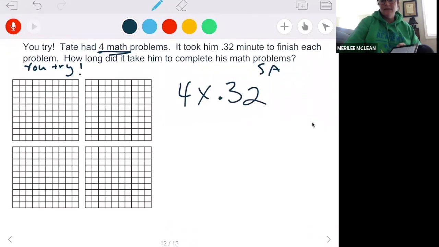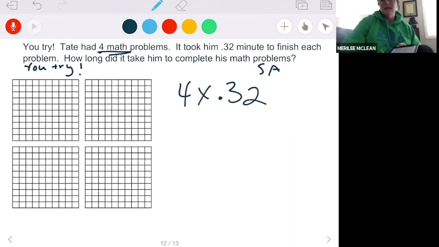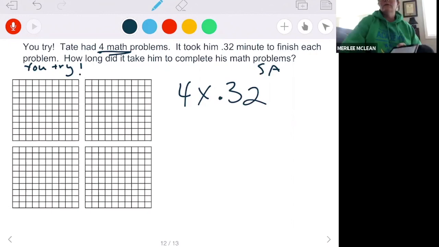Maya, do you not have your grids, baby? I can't find it. All right, do you have a printer? Me neither. Oh, okay. It's in your interactive notebook. You have them in your interactive notebook. Are you using those at least? Brielle, are you using the one in your notebook? Brielle?